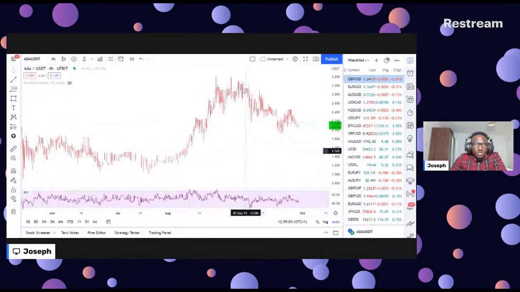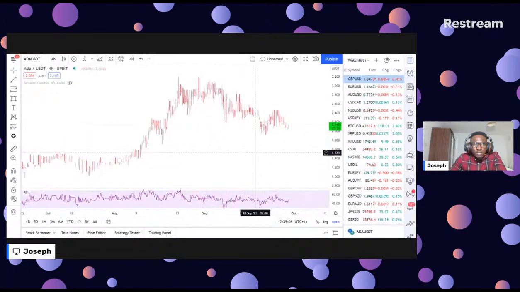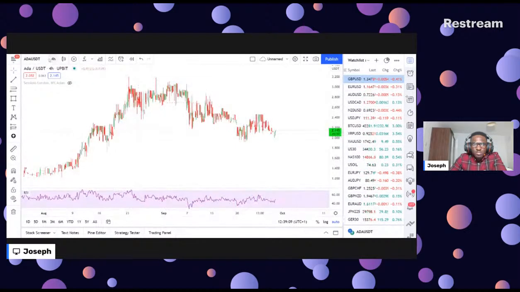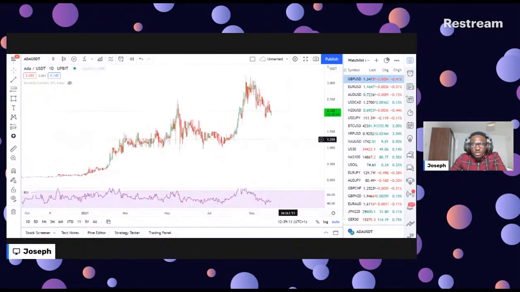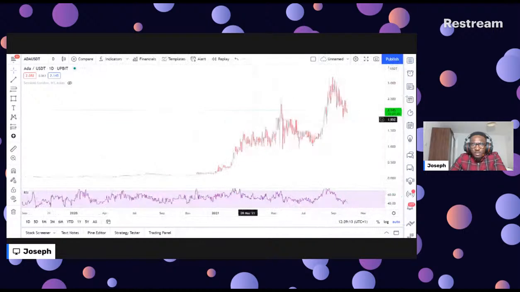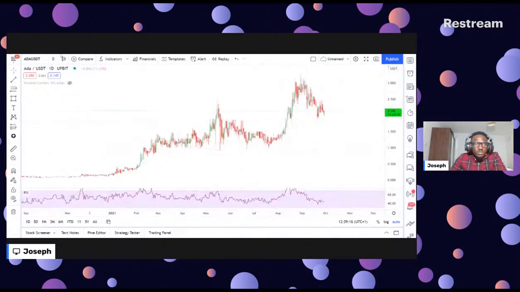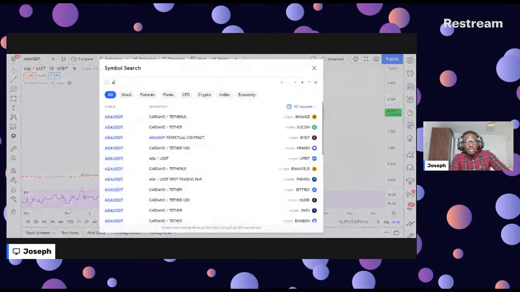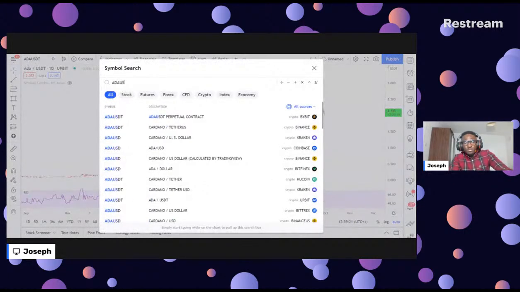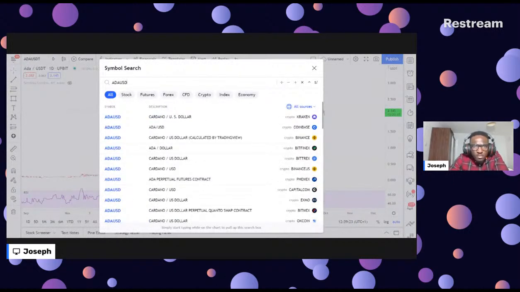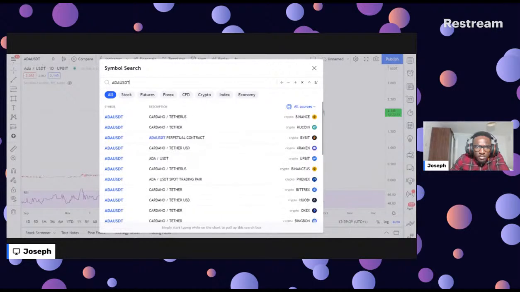Are you sure this is what you want me to look at? I don't like to look at this chart. Have I got the wrong one? It's the same name. ADA USDT. Yeah, that's the one. So it's Cardano.